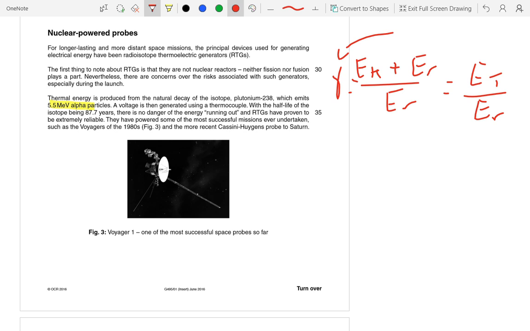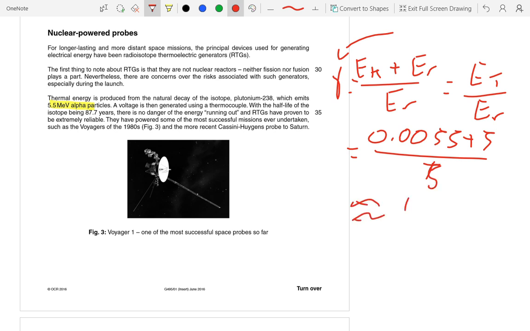So if it asks you, is this alpha particle travelling relativistically, then it wouldn't be, because the rest energy's order of something GeV, we'll say it's 5 GeV for now. So you'll be getting something like 0.0055 for the kinetic energy plus 5, all divided by 5, so it'll basically be equal to 1. So you know it's not relativistic, so it's not travelling near the speed of light. That's just a simple question it could ask you about that.